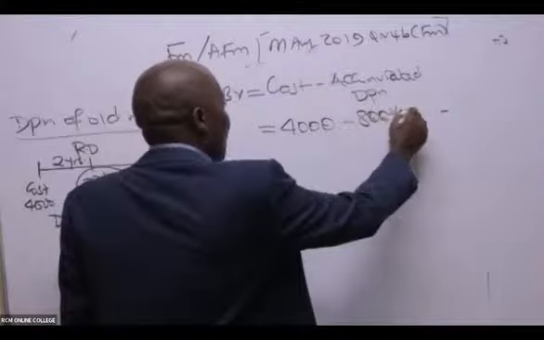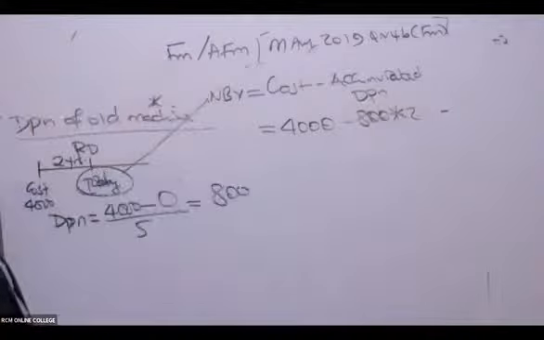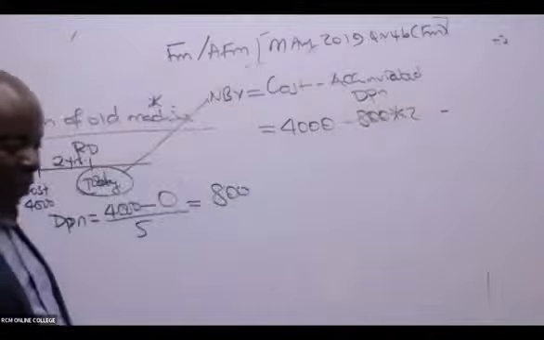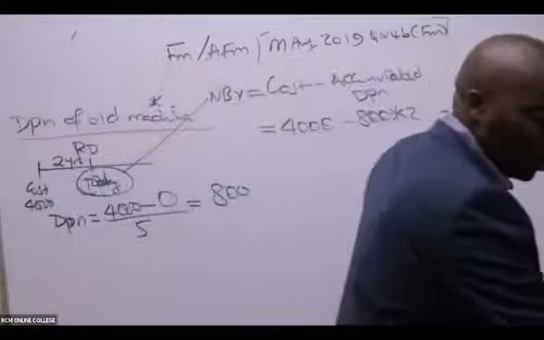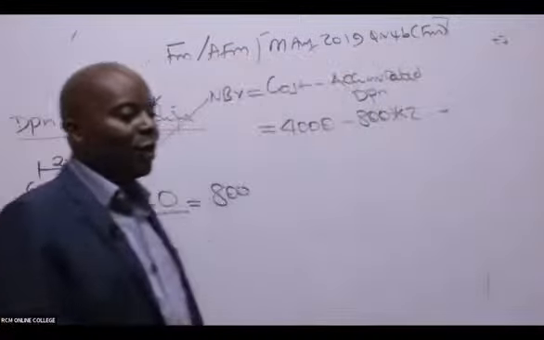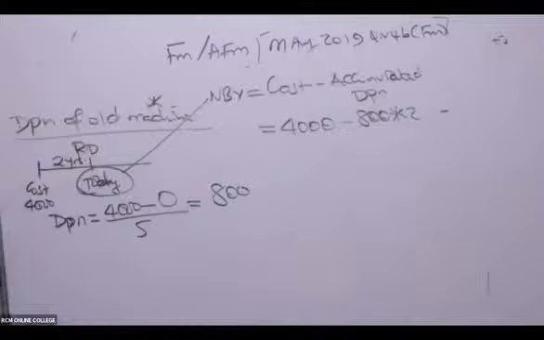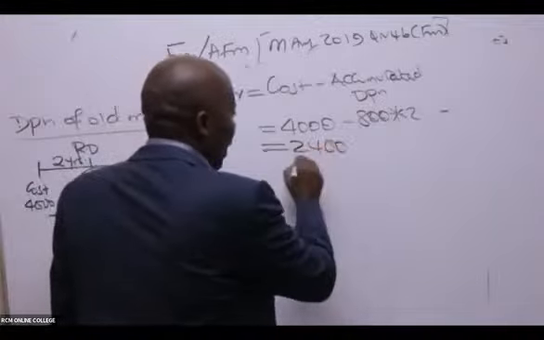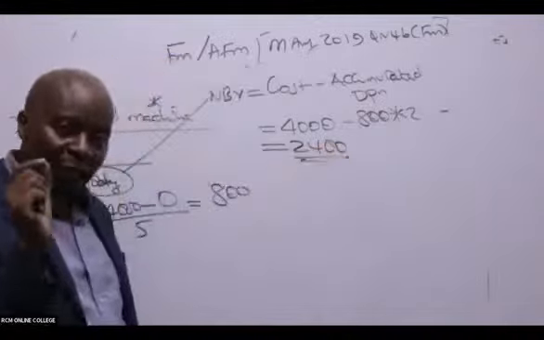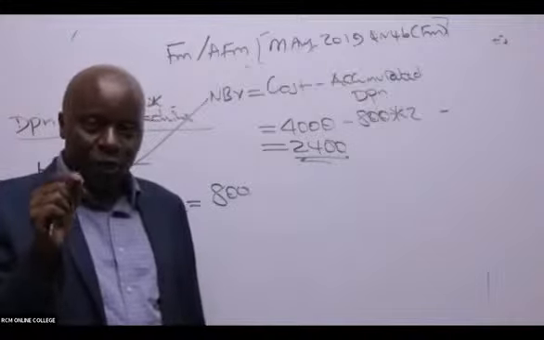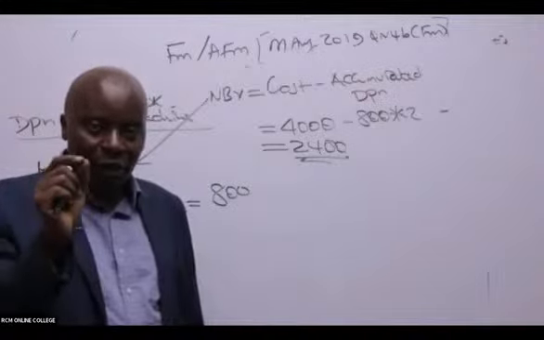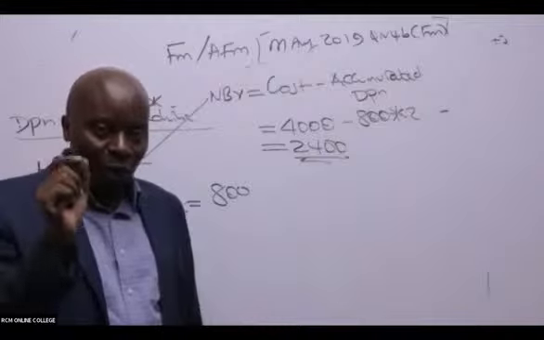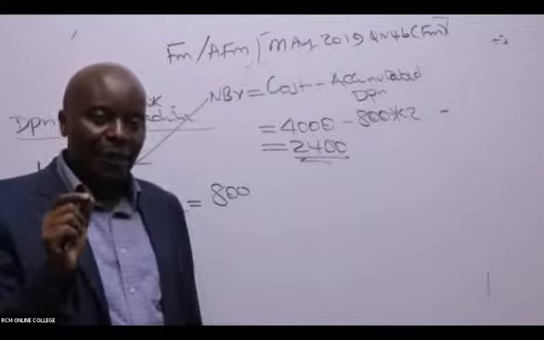But remember, we acquired this machine 2 years ago. So then this gives me a net book value of 2,400 as of today. So 2,400 is the net book value.